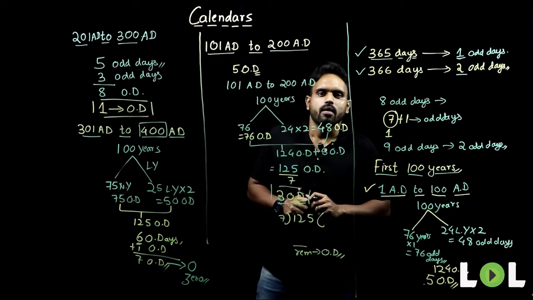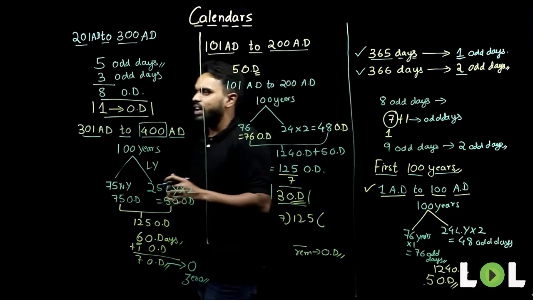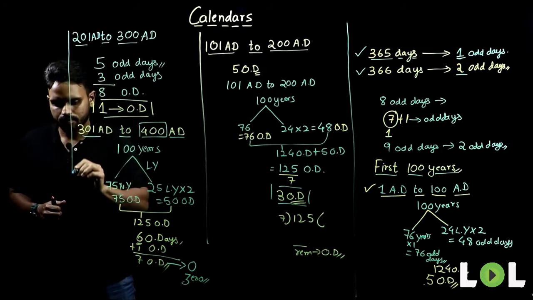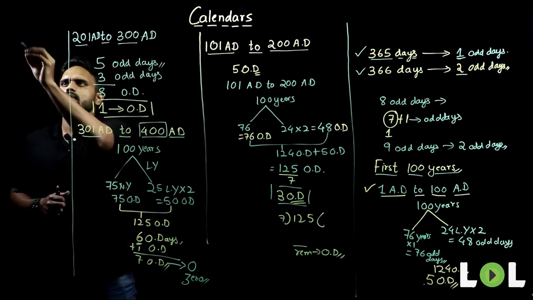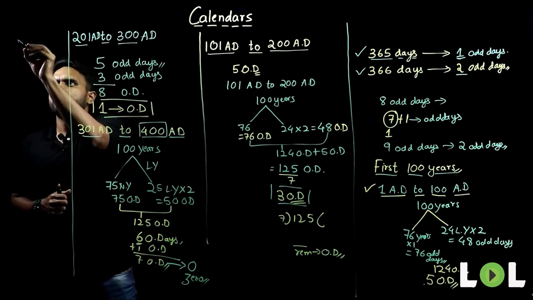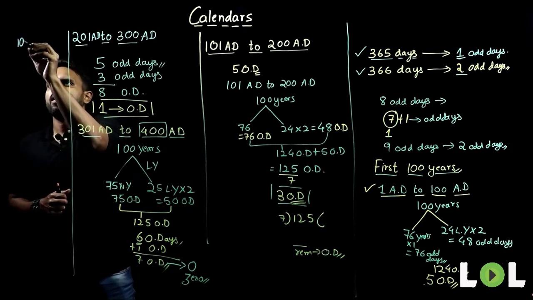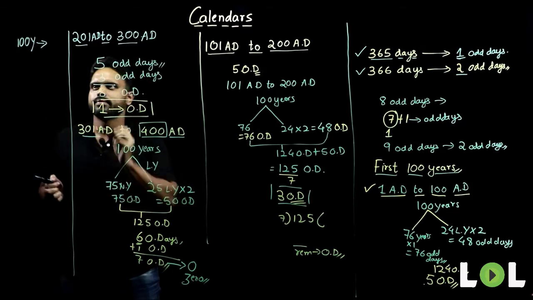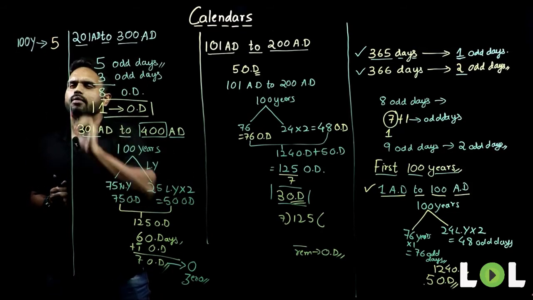Now, we'll be listing them out. The first 100 years, how many odd days did I have? We had 5 odd days.